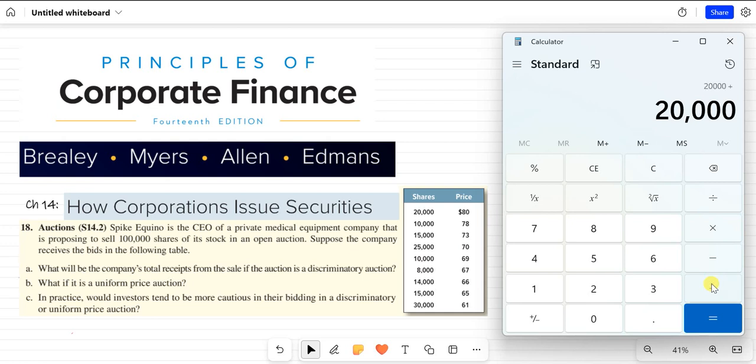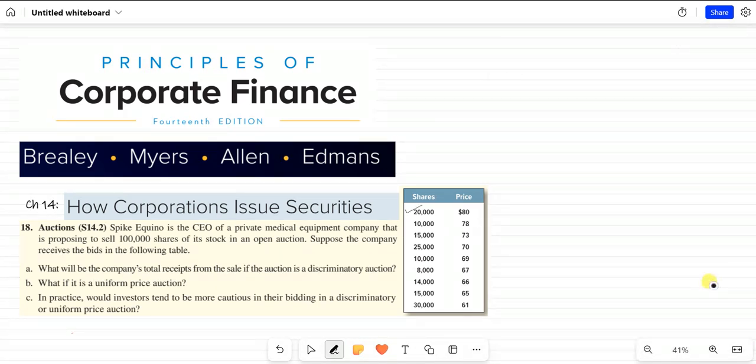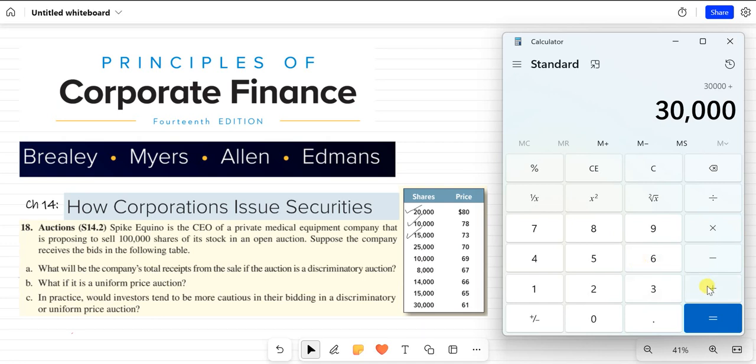Then we will use the next 10,000 shares. Then the 15,000 shares.